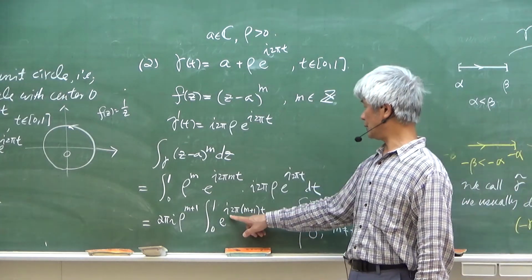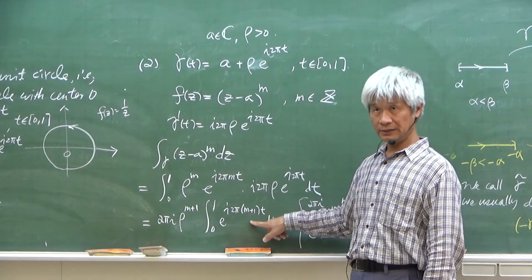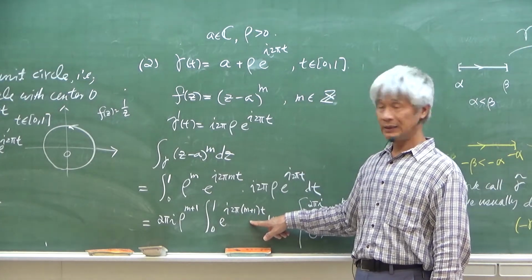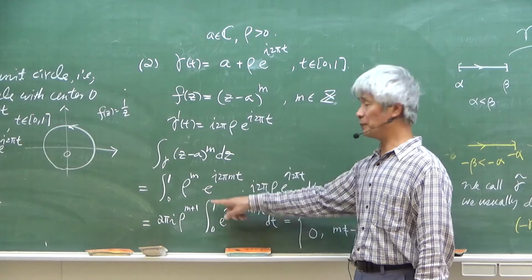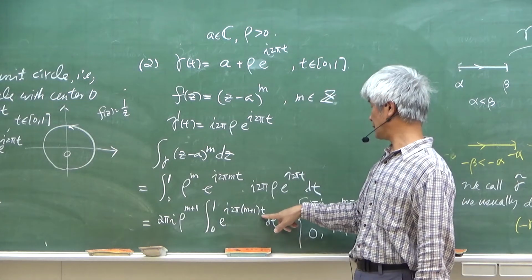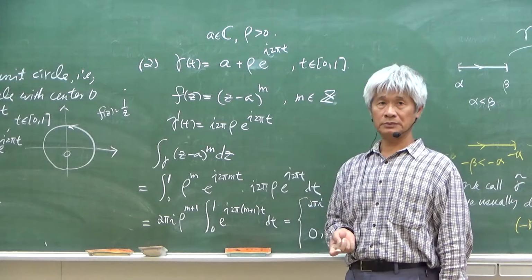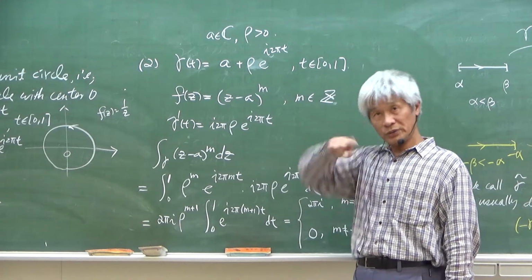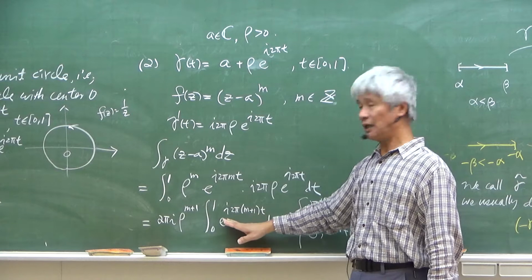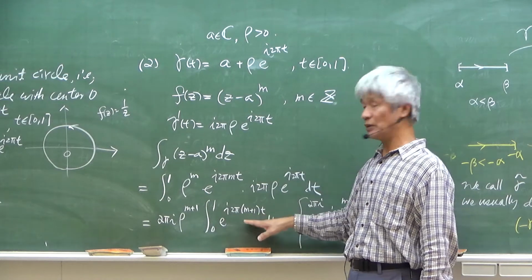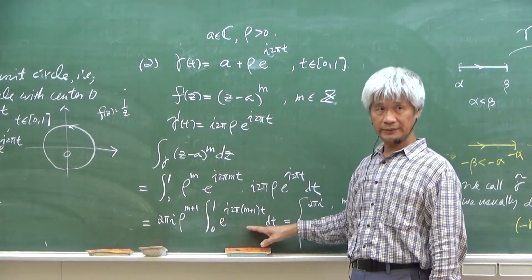Now you have cosine in the real part, sine in the imaginary part, and you integrate over how many cycles? You integrate over m plus 1 cycles, whole cycles. So the real part is 0 and the imaginary part is 0, of course.